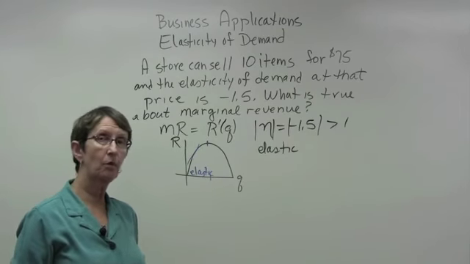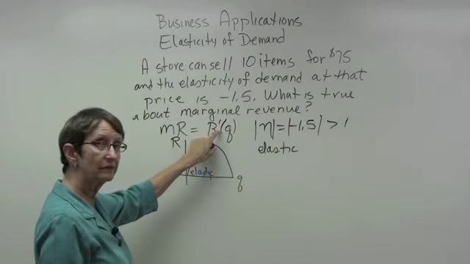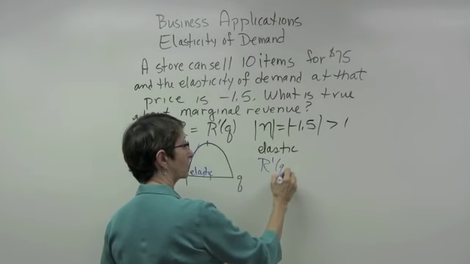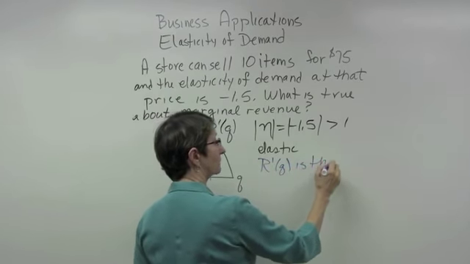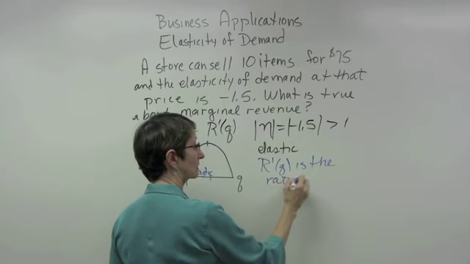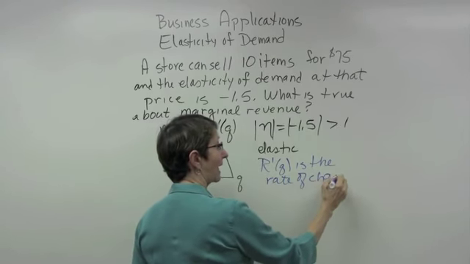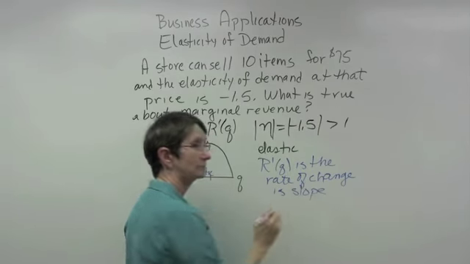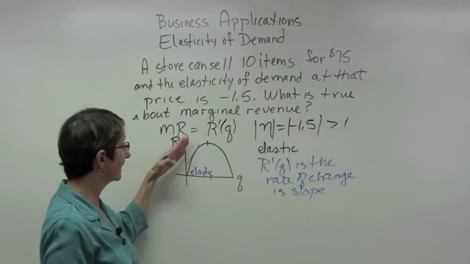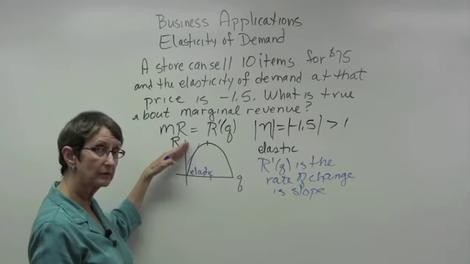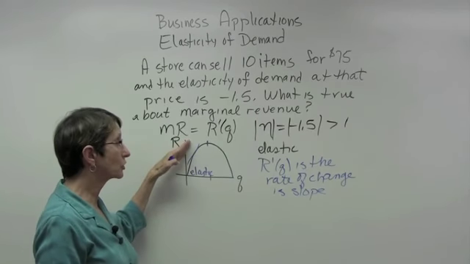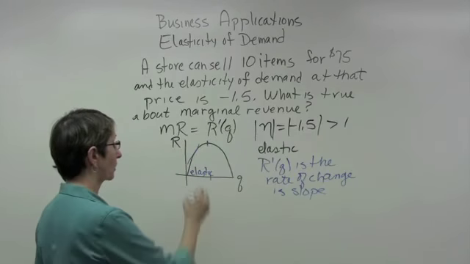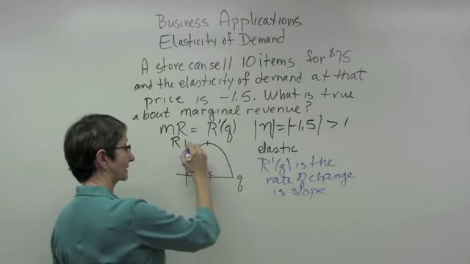What does this tell us about marginal revenue? Derivative is rate of change. So R prime of Q is the rate of change, and the rate of change is slope. The slope of my tangent line is positive, so marginal revenue is positive.